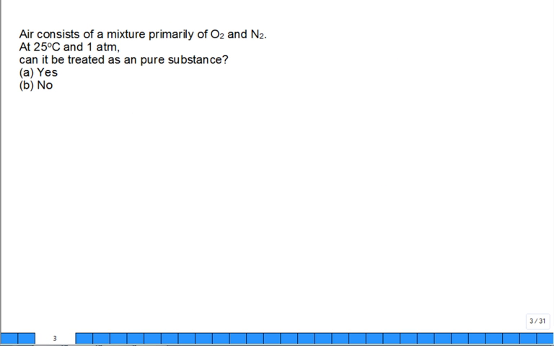First clicker question. Air consists of a mixture primarily of diatomic oxygen and diatomic nitrogen at 25 degrees C and 1 atm. Can it be treated as a pure substance? Is everybody in, or do you need more time?